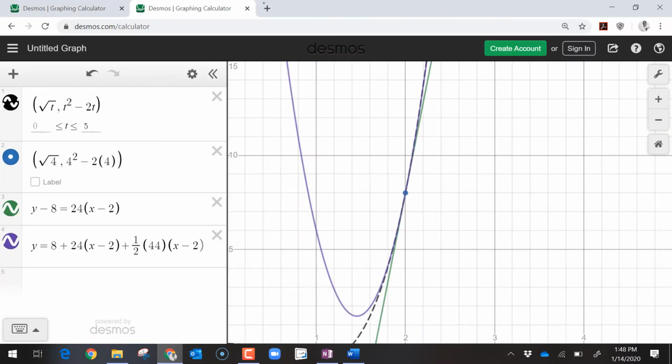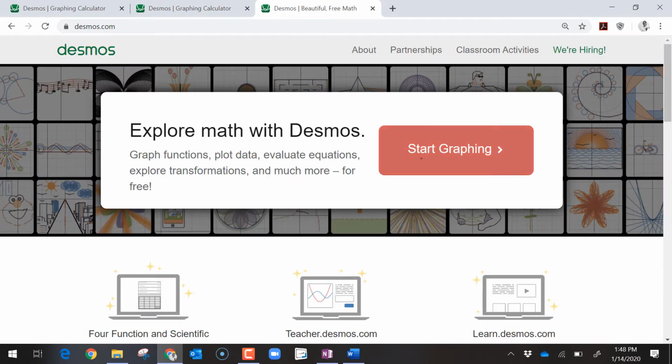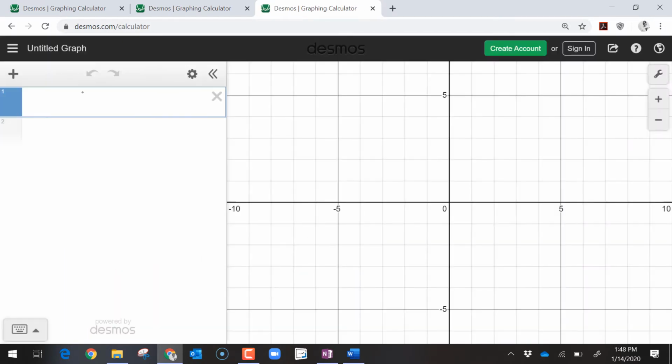Desmos. The neat thing about Desmos is that, unlike your handheld graphing calculator, you can write an expression where x is equal to some function of y.